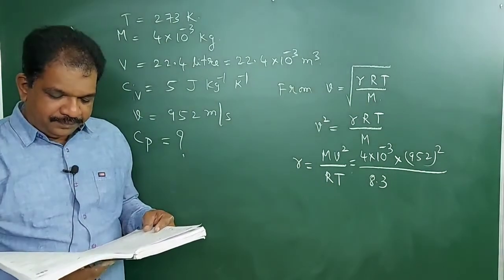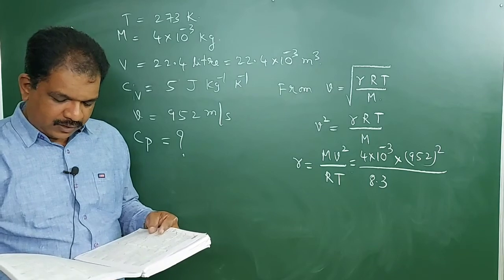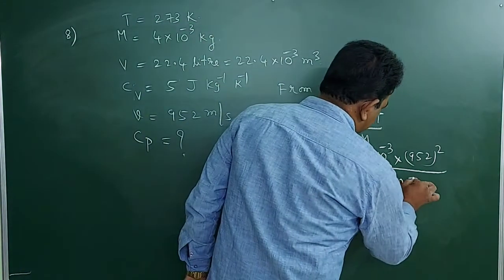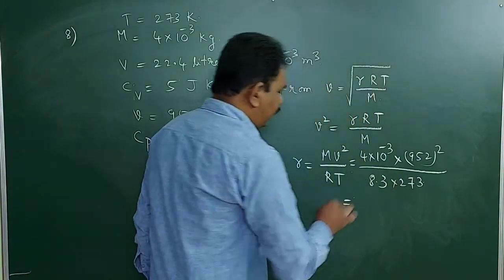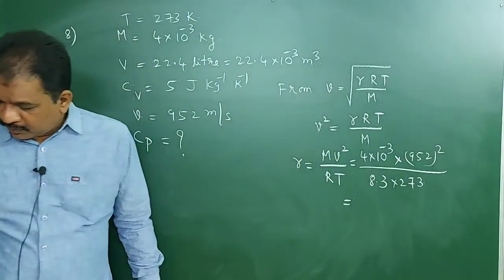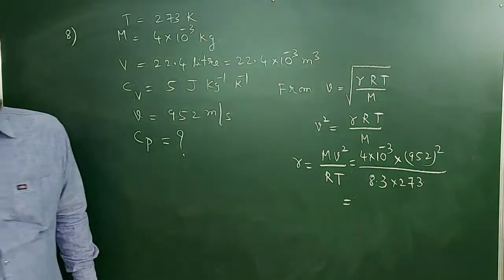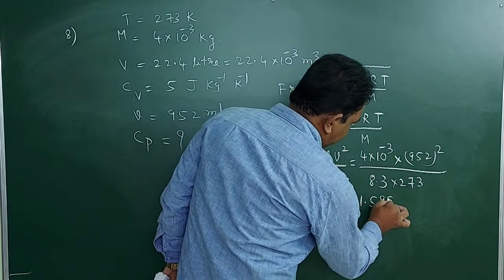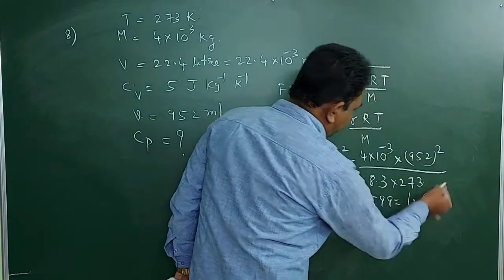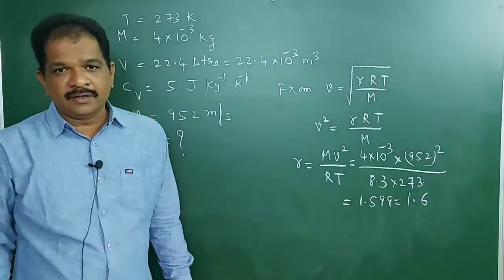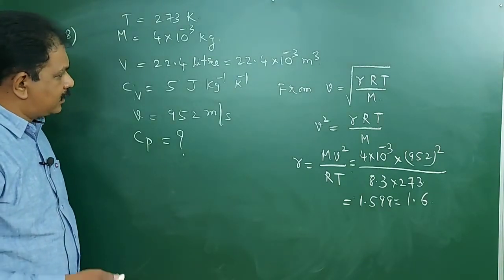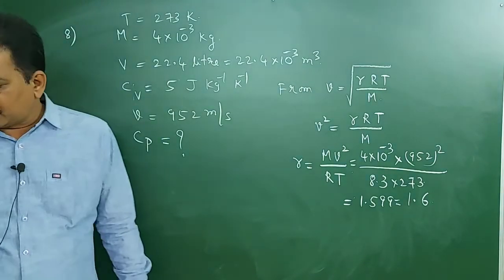And T value 273. If we calculate this value, finally gamma value 1.599, means 1.6 we will get. Now Cp value is how much? Cp is equal to gamma Cv.